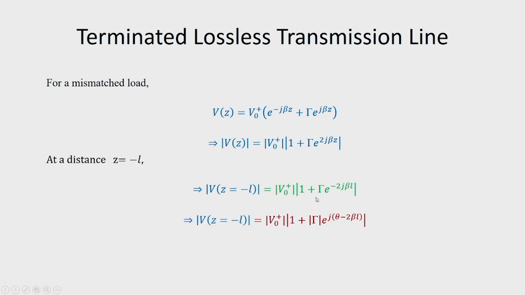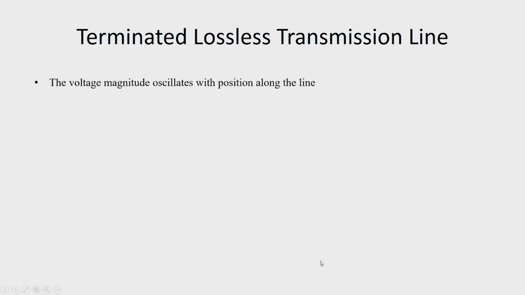And finally, when gamma is replaced by its magnitude and phase term, we get magnitude of V at a distance z is equal to minus L to be V naught plus magnitude into magnitude of 1 plus mod gamma e to the power j theta minus 2 beta L, where theta is the phase angle of the reflection coefficient.